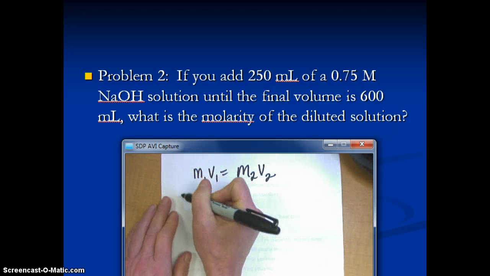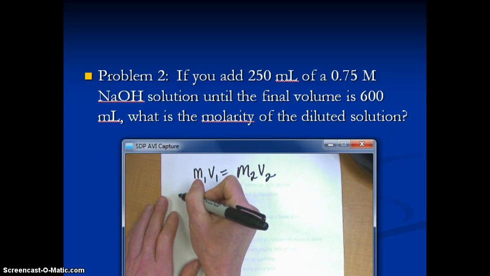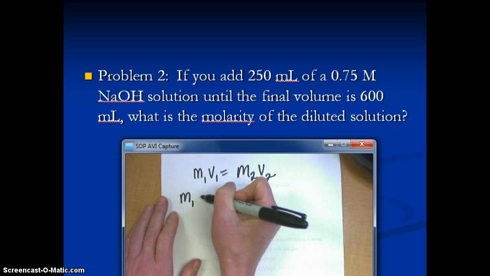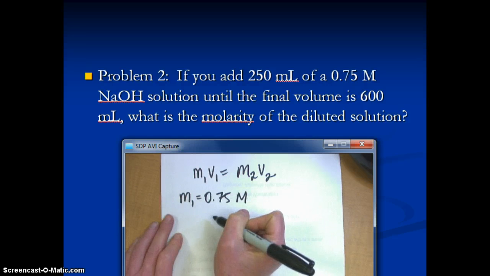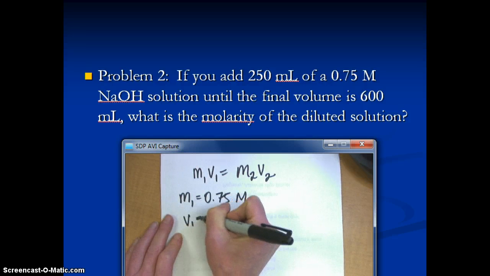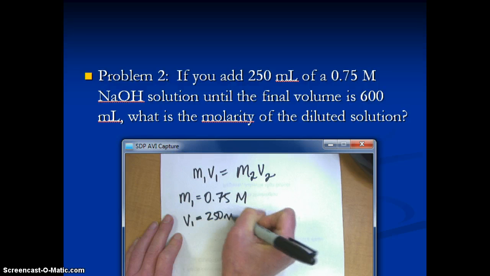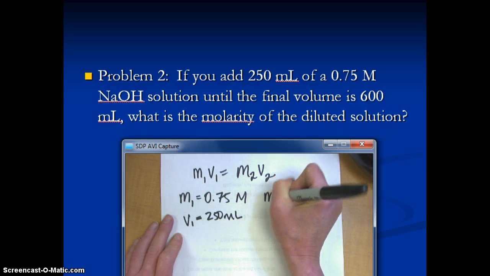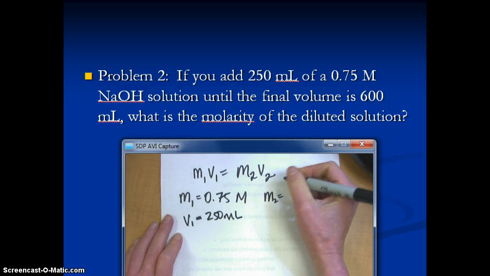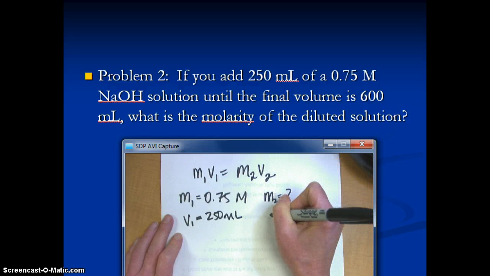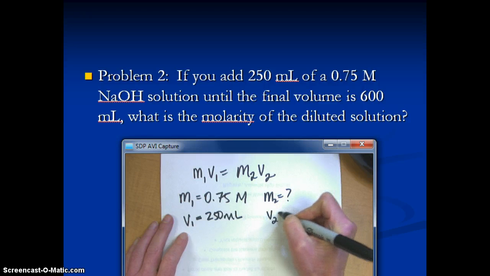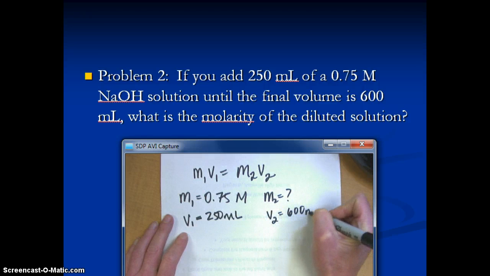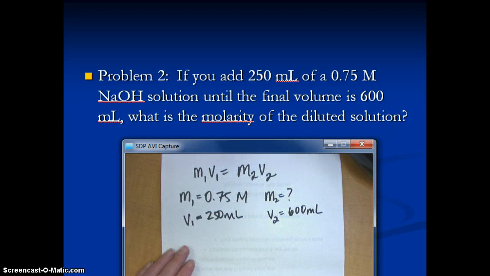And then what's given is M1 is 0.75 molar. V1 is 250 milliliters. M2 is question mark. We don't know what the concentration is going to be, but we do know that we're going to make a 600 milliliter solution.